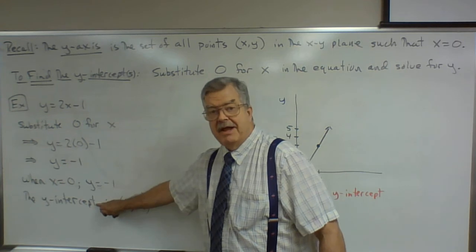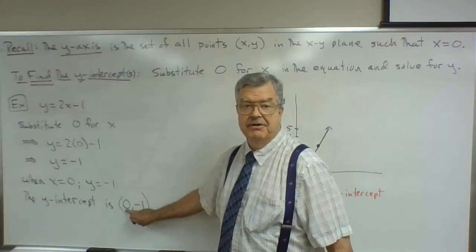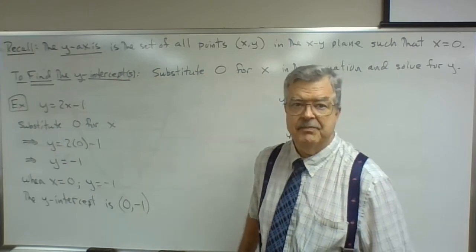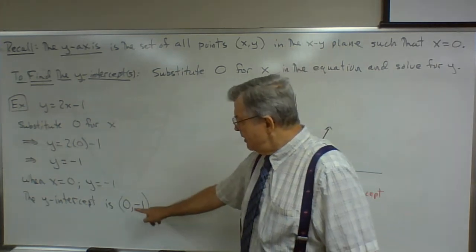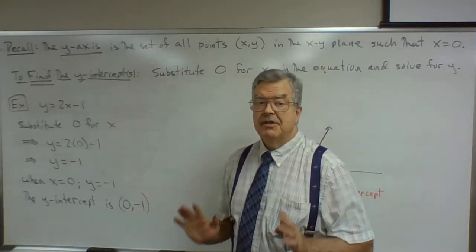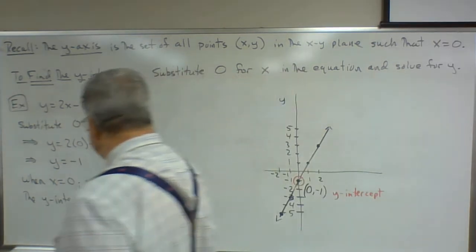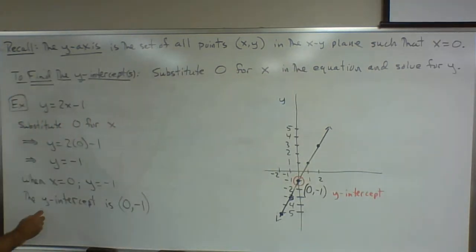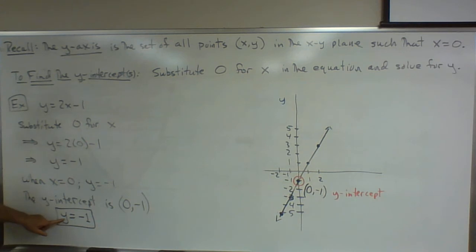Any point on the graph that is a y-intercept automatically has 0 as an x-coordinate. So if a point on the graph is a y-intercept, we already know that the x-coordinate is going to be 0. So probably the answer that they're going to want in MyMathLab, they're just going to want to know the y-coordinate. In this case, y equals -1.